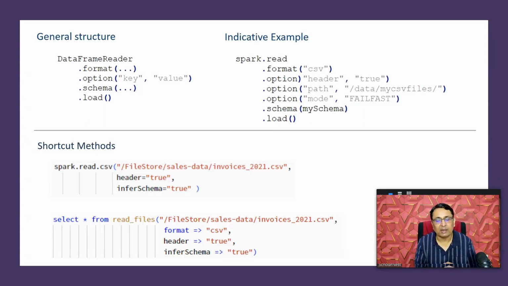And then the DataFrame Reader API will read the data and give you a data frame. That's a standard method used across all kinds of sources, and we will show you some of those. So the general structure for reading data in Spark is using DataFrame Reader, and then you have a bunch of methods, and this is an example of using those methods.